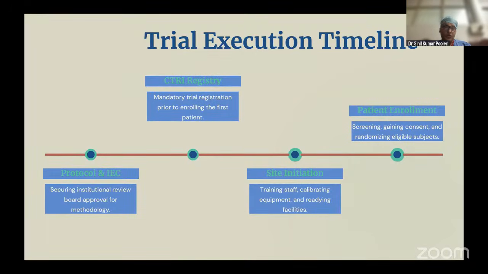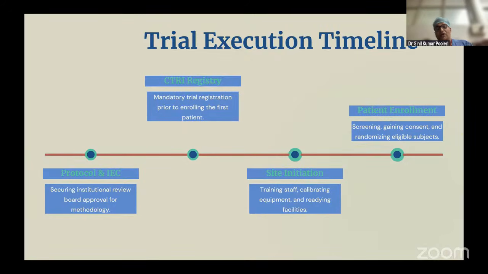Once you have that, you have to submit to the ethics committee and get clearance. Unless it is ethically cleared, it will be very difficult to progress further. And since it is a prospective study, you have to register in the CTRI registry. Otherwise, later, there can be difficulty in publishing the study.